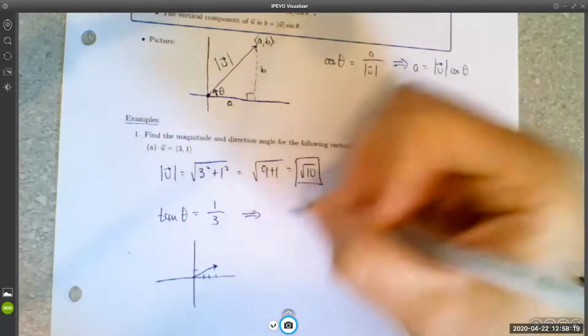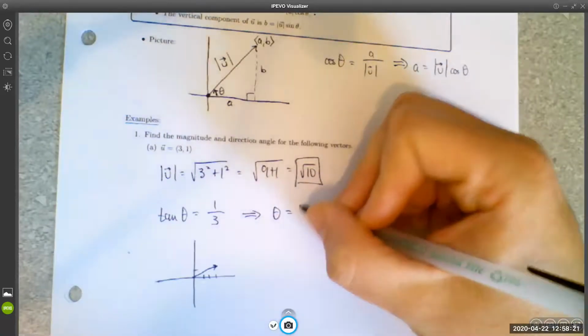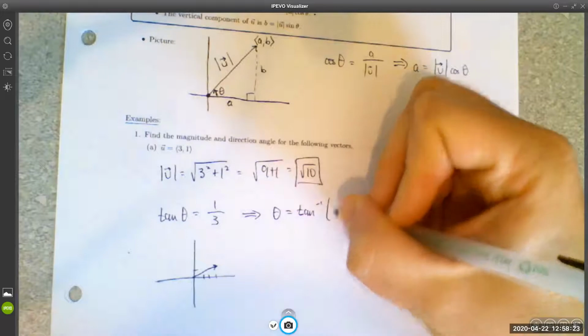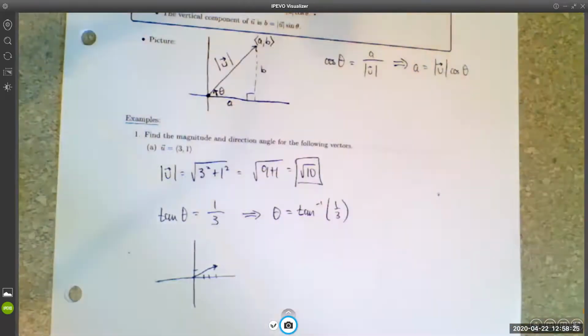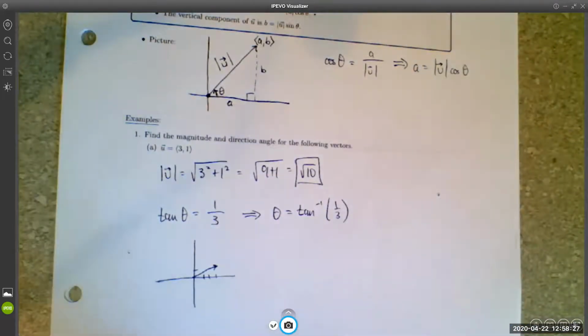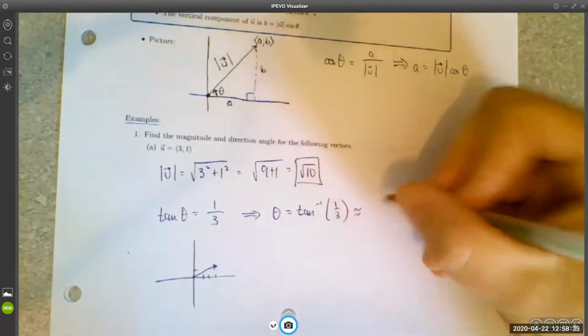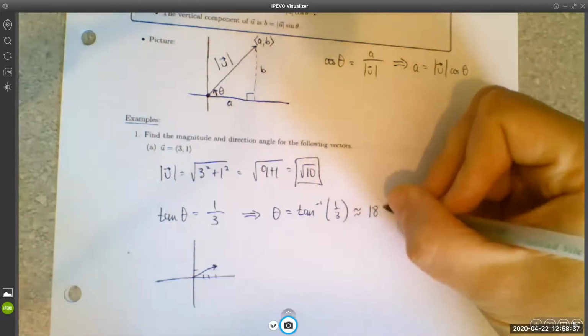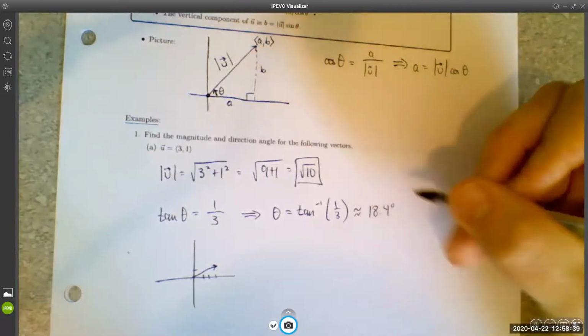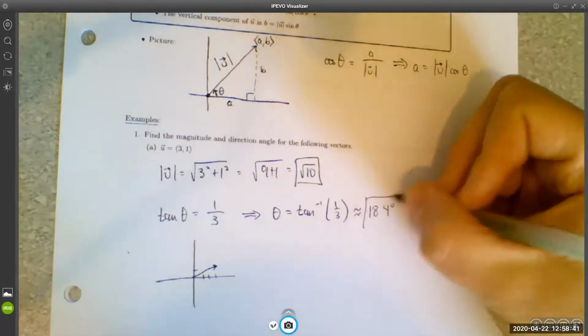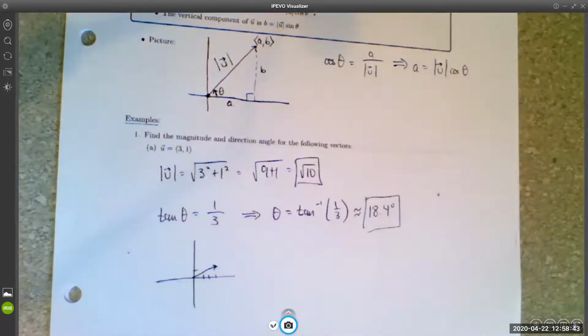It'll give us an angle in quadrant 1, which is exactly where we want to be. So let's see, what's tangent inverse of 1/3? So that comes out to about 18.4 degrees. Okay, and there's the direction angle.